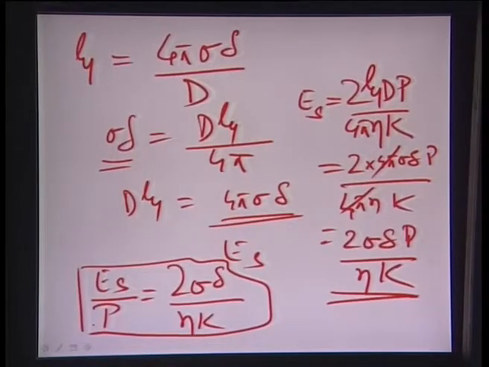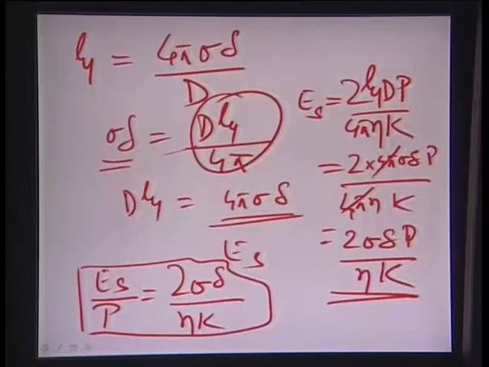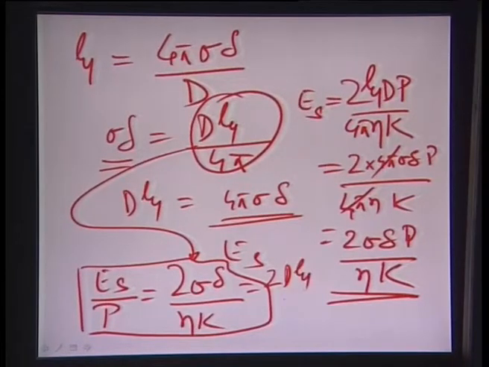There would be a little modification which we will need here. Let us resubstitute this value of sigma delta back into this equation. You are left with essentially twice d zeta divided by 4 pi eta k, right.